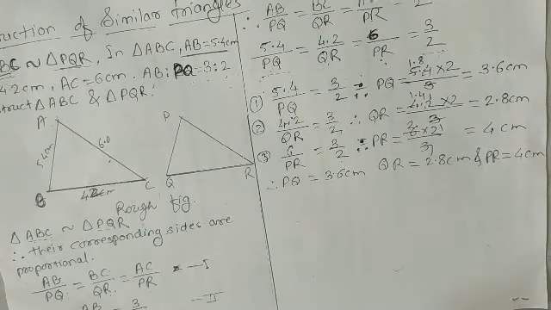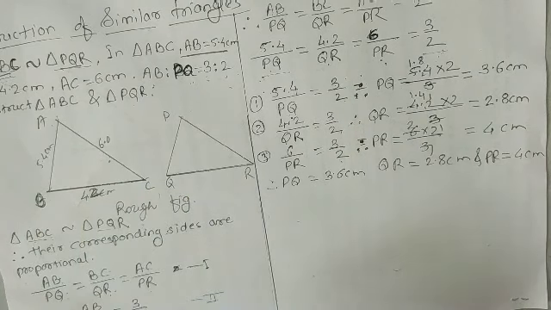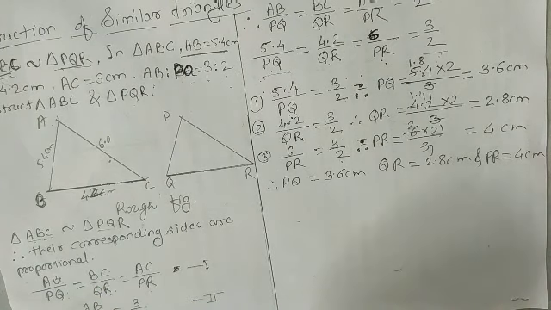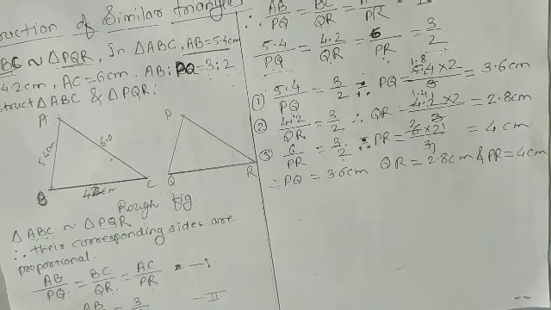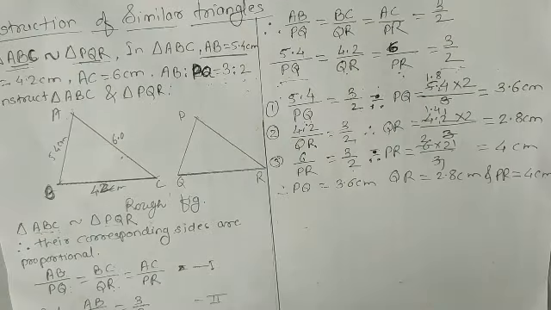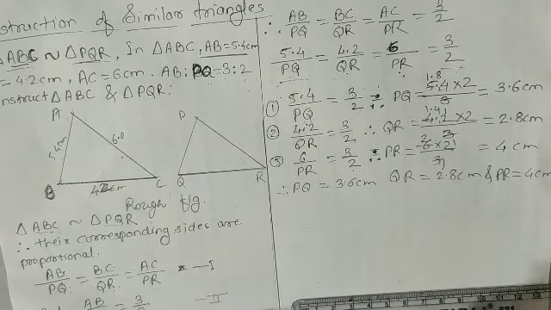So first of all, as per the figure, we will draw the base first, and the measure of base BC is equal to 4.2. So we will take here 4.2 measure.